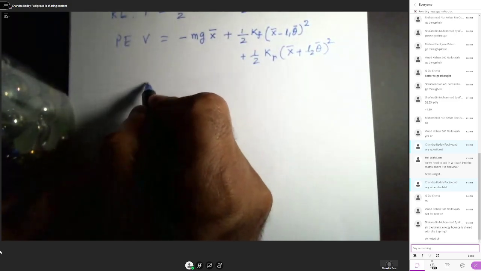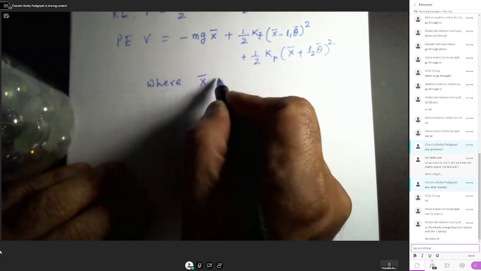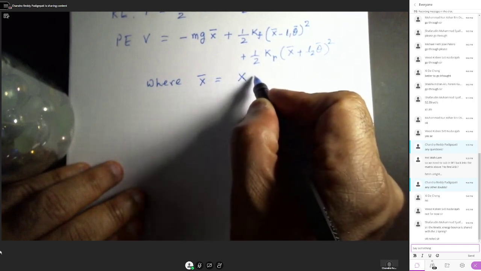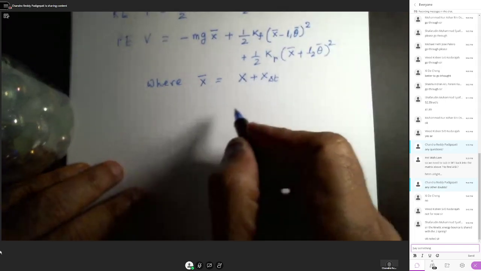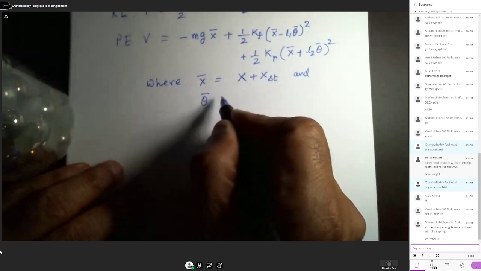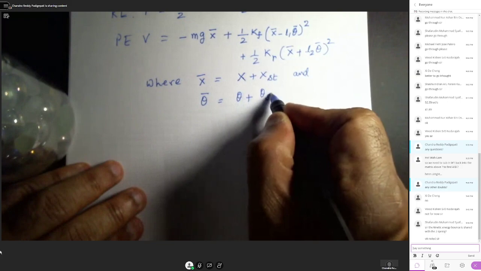Here x bar is equal to the actual displacement plus the static deflection, and theta bar is equal to theta plus the static deflection.